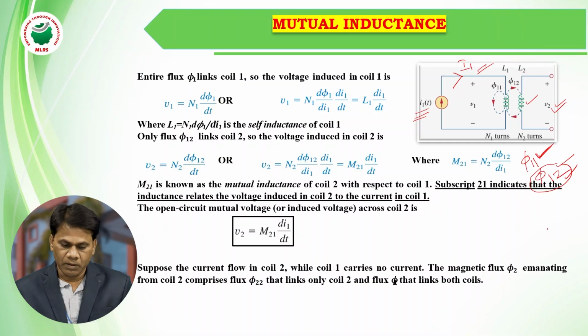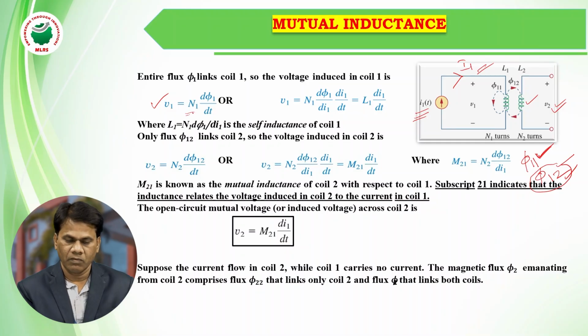According to Faraday's law, the voltage induced in the first coil is given by N1 d phi 1 by dt, where N1 is the number of turns in the first coil and d phi 1 by dt is the rate of change of flux in the first coil.